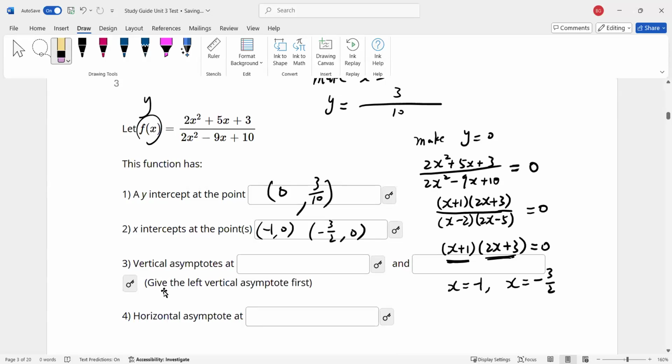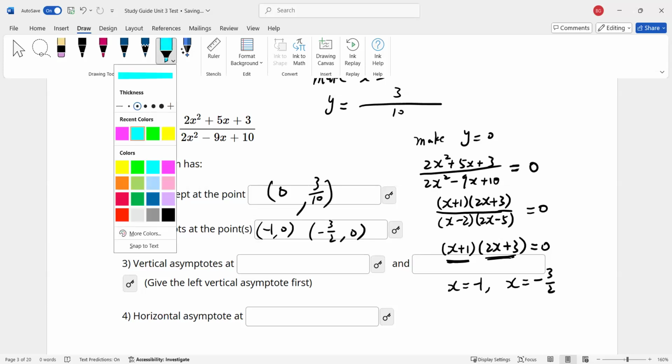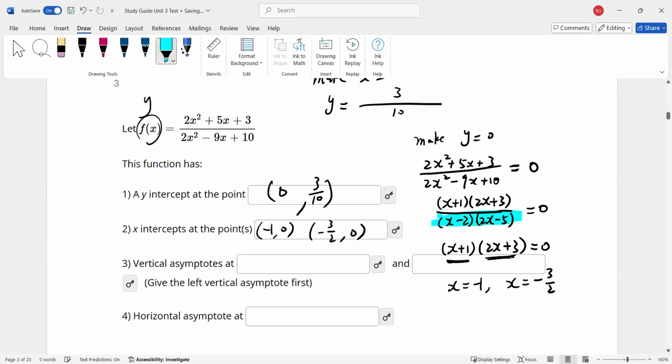Question part number 3, vertical asymptote. We have the denominator factored already, so we look at the denominator. Which values will make the denominator be 0? Positive 2, so x equals 2. This one says give the left vertical asymptote first, so the order matters.